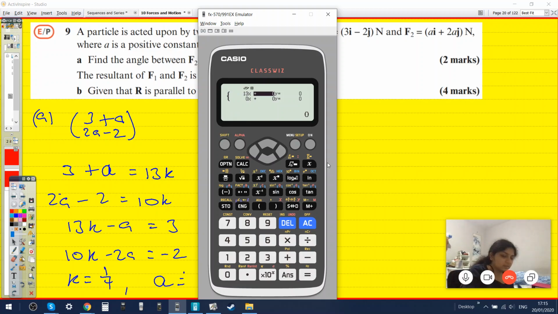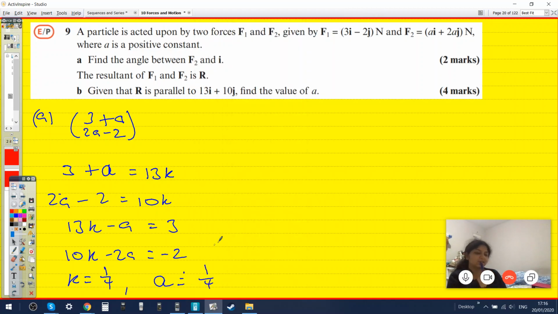13 minus 1 and 3. 10 minus 2 and minus 2. A half and 3.5. Okay. Can't solve. Okay, calculator from now.